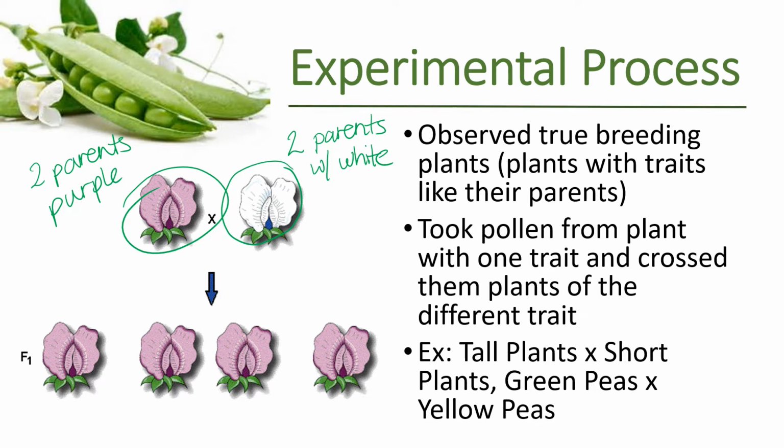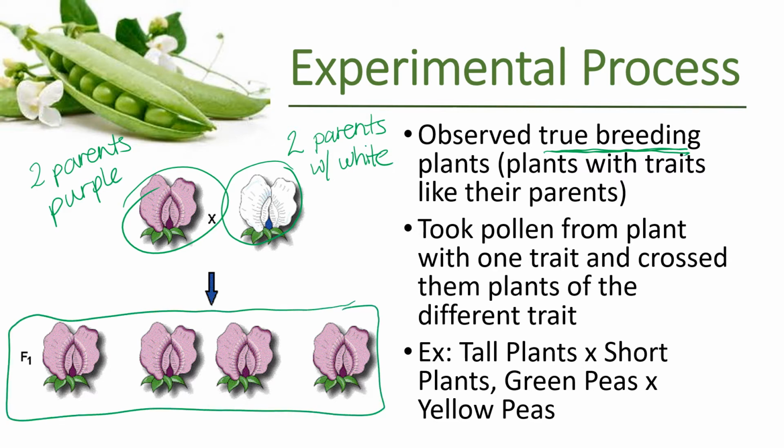And when he took these true breeding plants, the ones with the parents that had the same traits as them, he found something fascinating. All of the offspring had one particular trait. They would always have purple flowers. He called this the F1 generation.